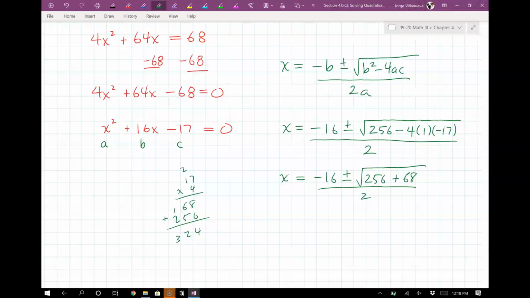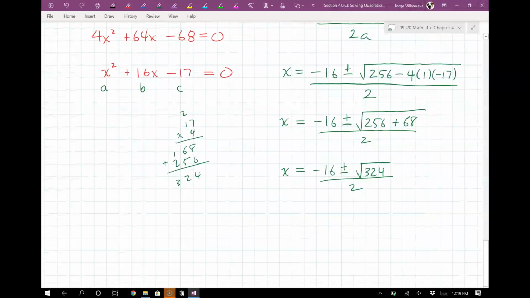Someone do me a favor, because I don't know. Is the square root of 324 18? Can someone check that for me, please? Let me write this down here. Yeah. Okay, good. If not, I was going to start sweating just a little bit because it needs to be a perfect square. So, all right. So we got square root of 324. We said that's 18.